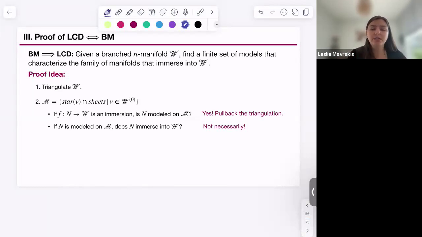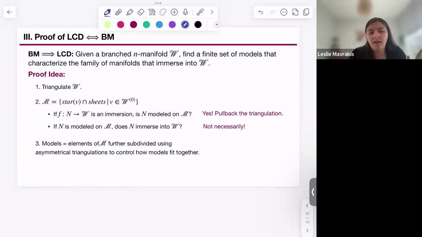And so to address this problem, you need to edit how these models can fit together. This is the tedious part of the proof, but you do this by further subdividing your models using asymmetrical triangulations, which in some way control how these models fit together.